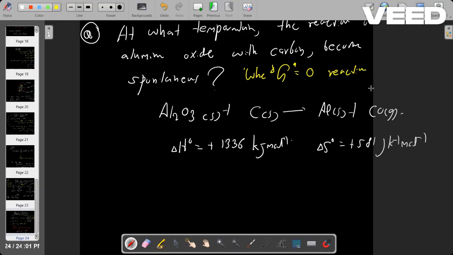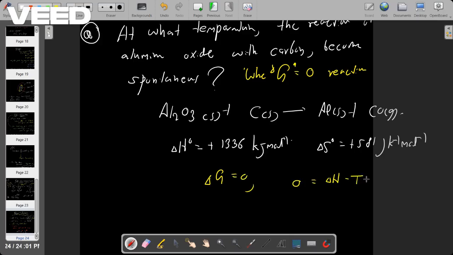So when you plug in the values, delta G should be zero. So zero equals delta H minus T delta S. Right, so you make T the subject.